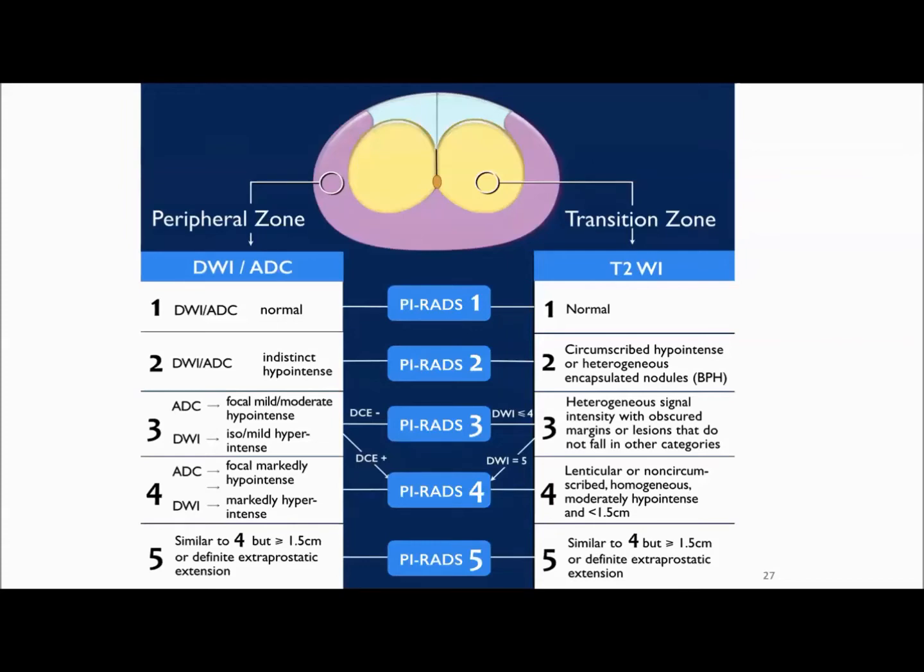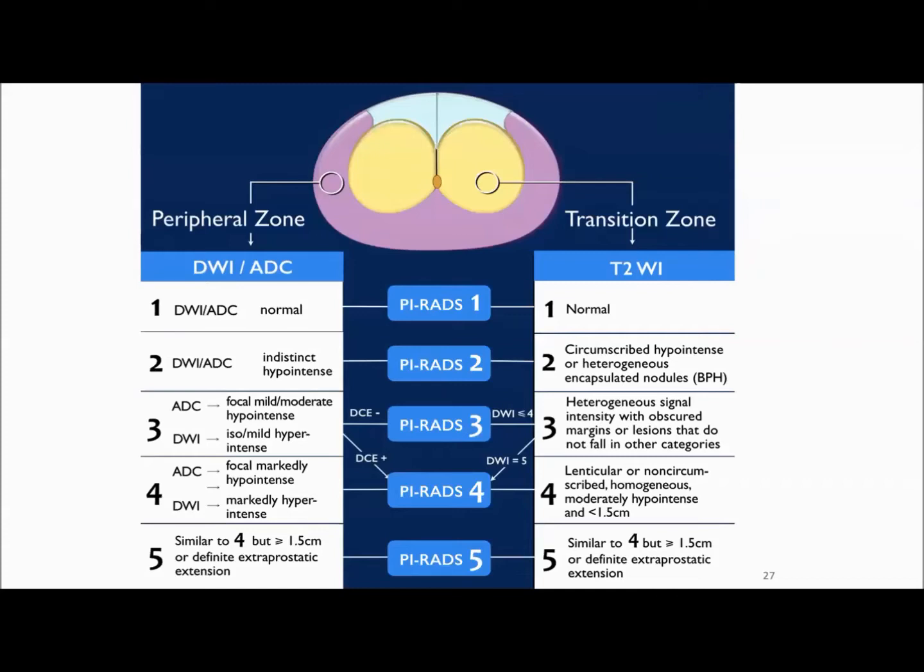For PI-RADS category 4, if the lesion is markedly hypointense on ADC mapping, that is, it appears very black or blackish on the ADC sequence, and is bright, appearing white on DWI, then we call it a PI-RADS category 4 lesion. PI-RADS category 5 has the same imaging appearance as category 4.